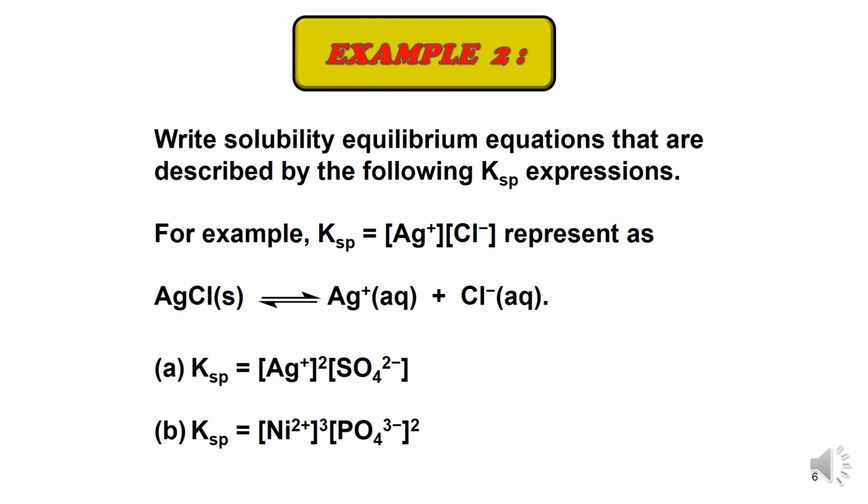So we look at the next example. Given Ksp: for question A, Ksp equals [Ag+] to the power of 2 times [SO4 2-].